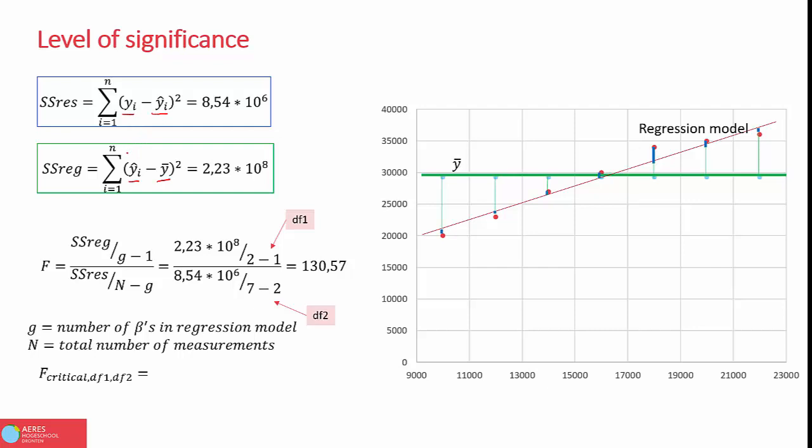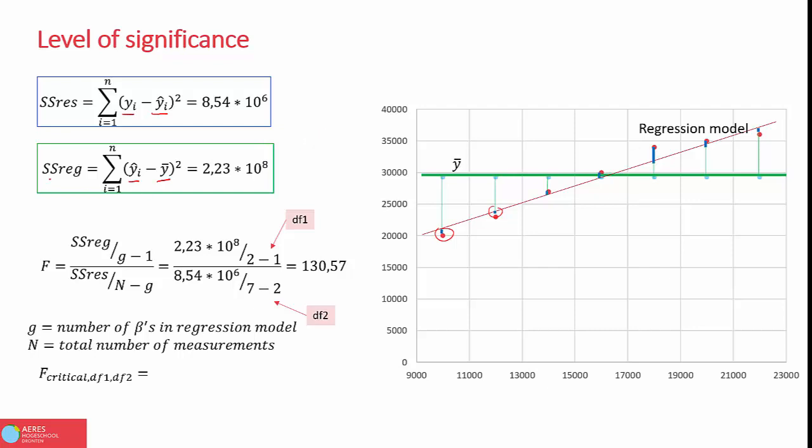For the sum of squares of the residuals, these are the blue bars found over here. What we want to find out is the difference between the data points and the model, and how big this value is. We do the calculations, and we find that it is 8.54 times 10 to the power of 6, so a big number.